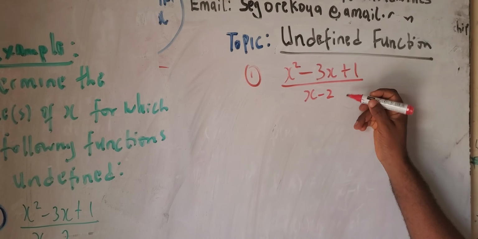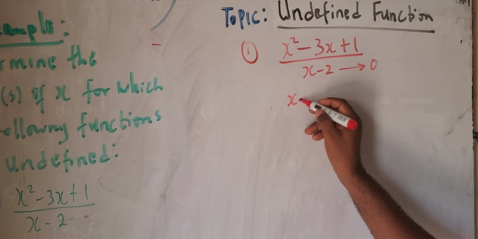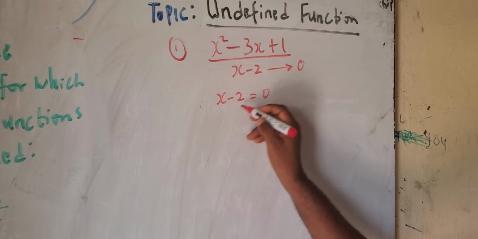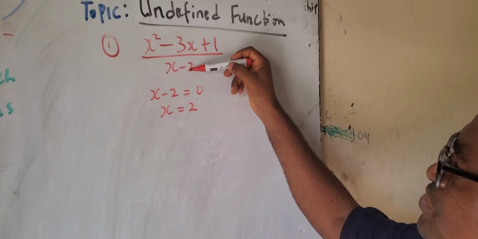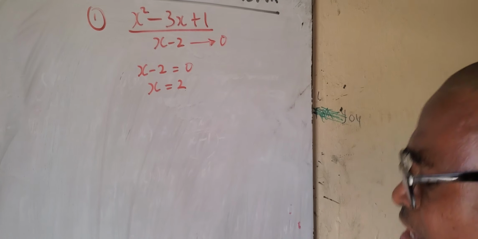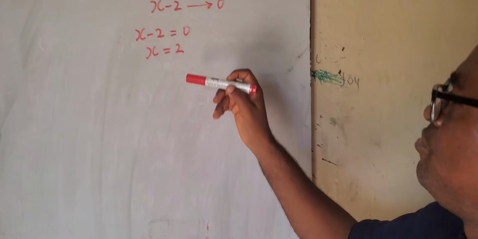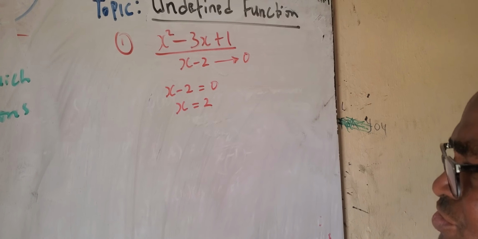So this function becomes undefined when this denominator becomes 0. So it becomes undefined when x minus 2 is equal to 0. That means x is equal to 2. When you put the value of 2 here, 2 minus 2 gives you 0. Anything divided by 0 is undefined in mathematics. So the function is undefined when x is equal to 2.